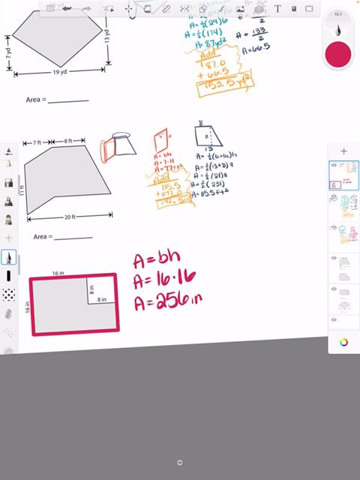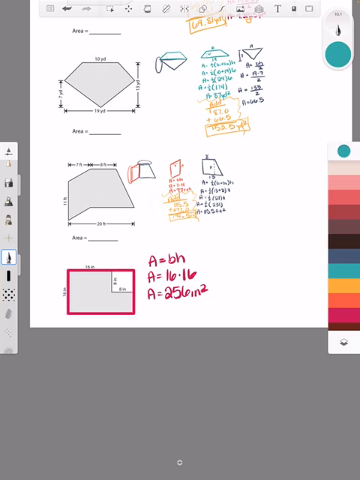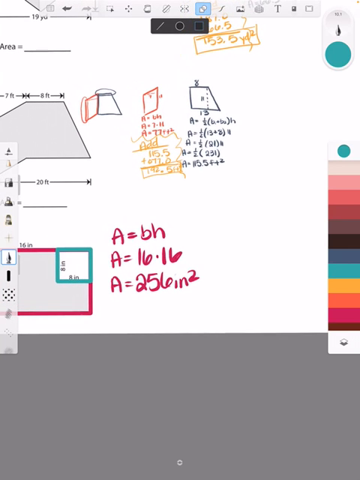16 times 16 is going to get me an area of 256 inches squared. All right, now I know that this whole figure isn't what we're trying to figure out. We're just trying to find the area of this shaded region. So I've got to find the area of this region that we're not including, this spot right here. If I'm looking inside, I see an 8 and an 8.